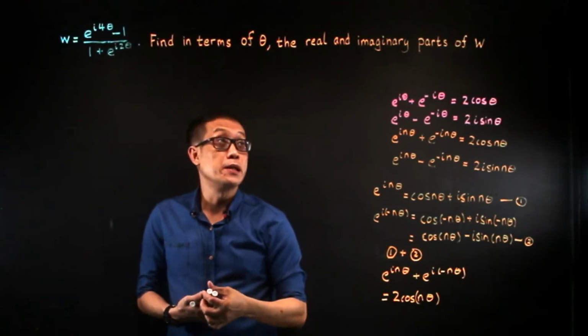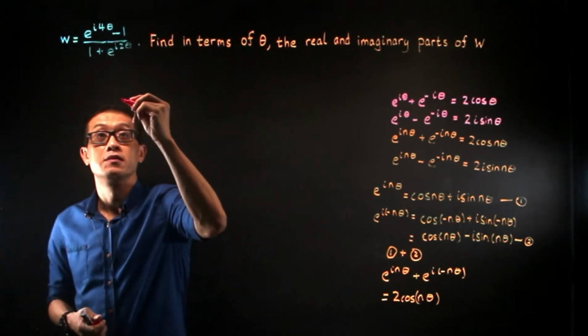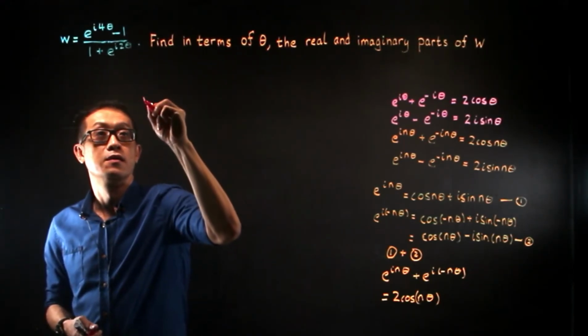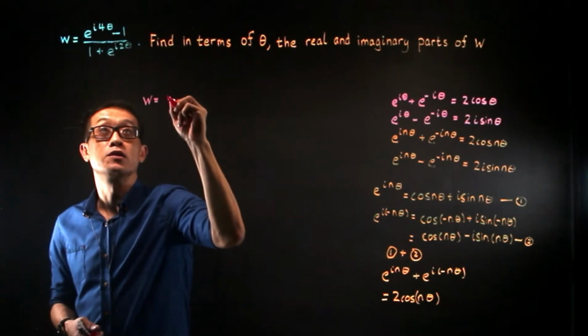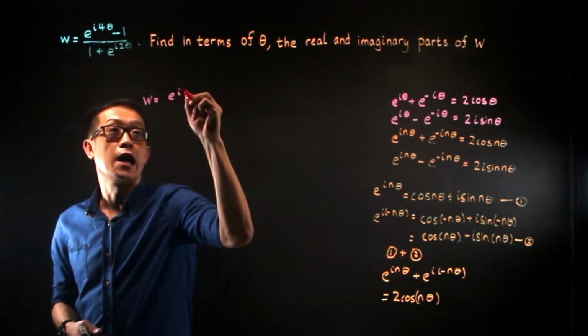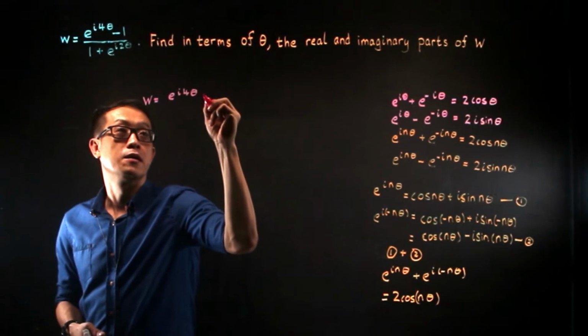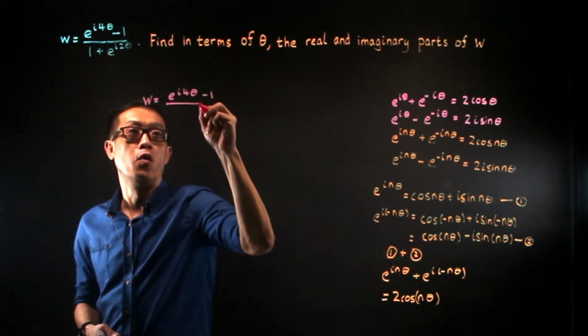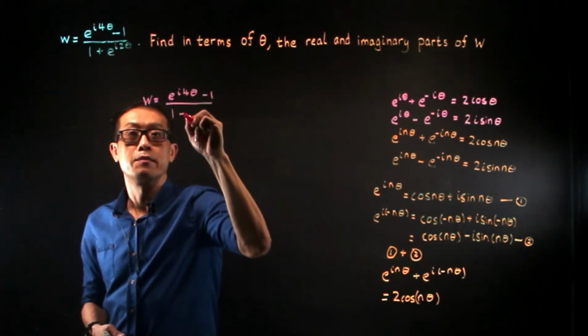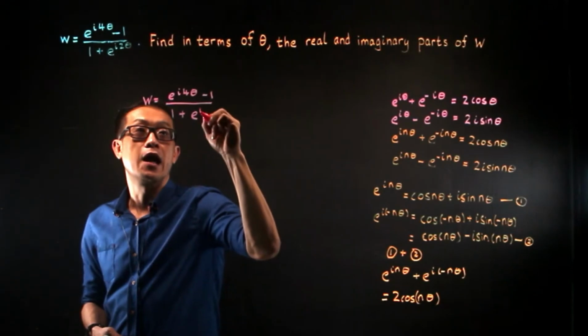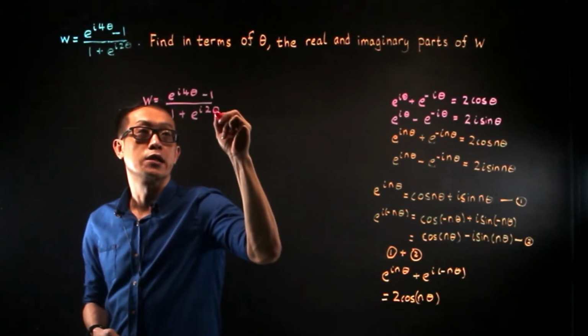Let me copy down the expression first. W is equal to (e^(i4θ) minus 1) over (1 plus e^(i2θ)).